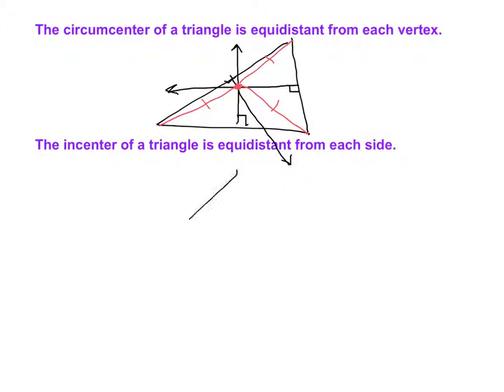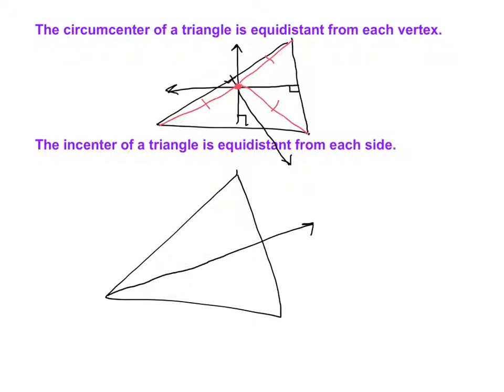Then we have the incenter, which is the point of concurrency of the three angle bisectors. It is equidistant from each side. So we can look there, there, and there, and my drawing is a little rough, but those all look about equal.